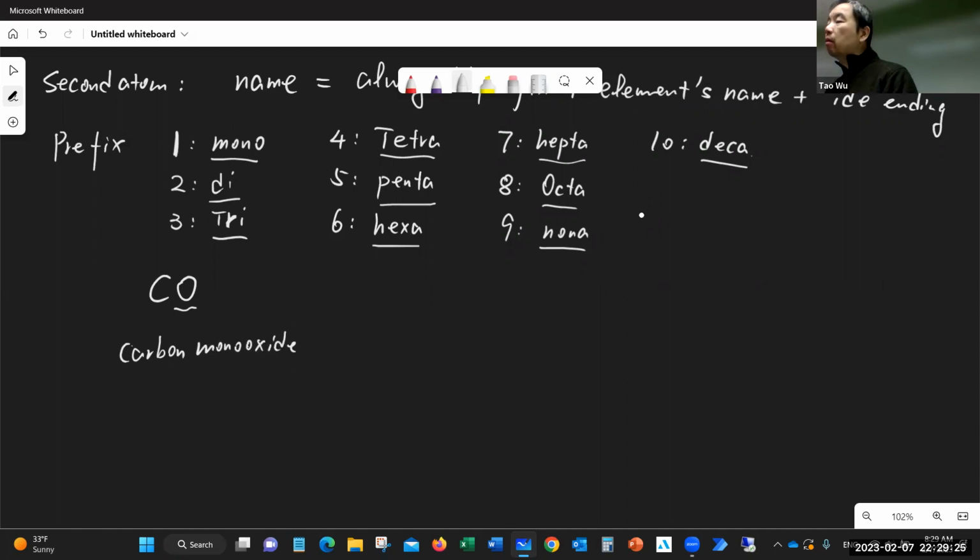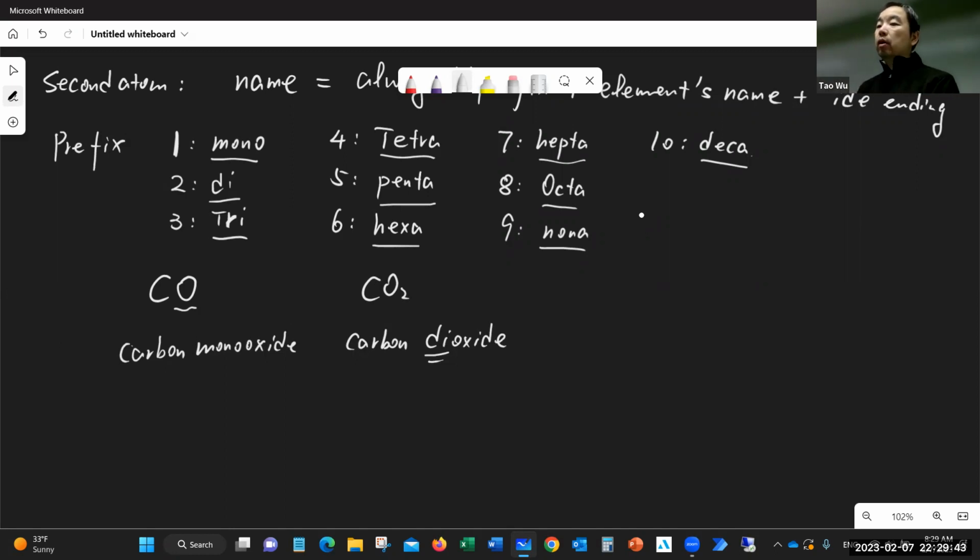So this is carbon, then mono, then oxide: carbon monoxide. CO2 is called carbon dioxide. The di means they have 2. Carbon dioxide.